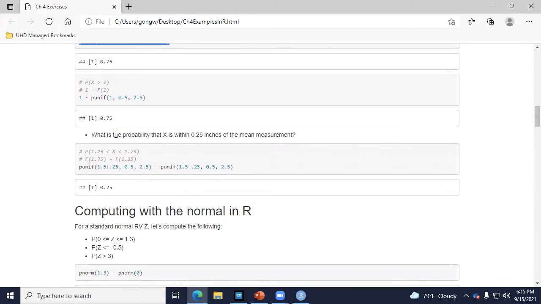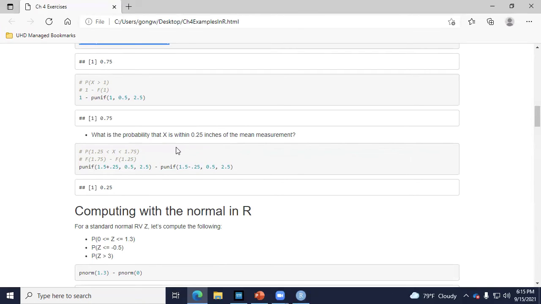So again, I'm asking what's the probability that X is within 0.25 inches of the mean measurement. So what is this asking? Within 0.25 of the mean. From the mean in the middle, go left 0.25, go right 0.25.